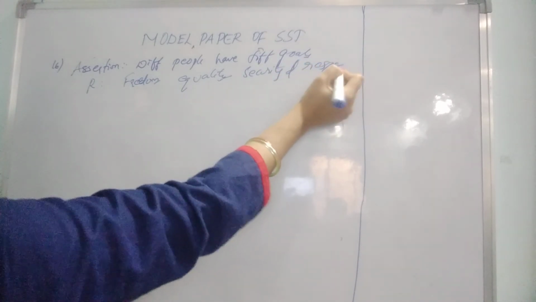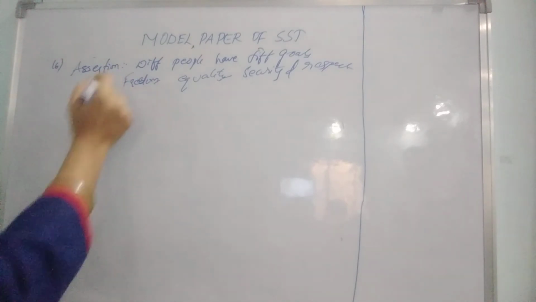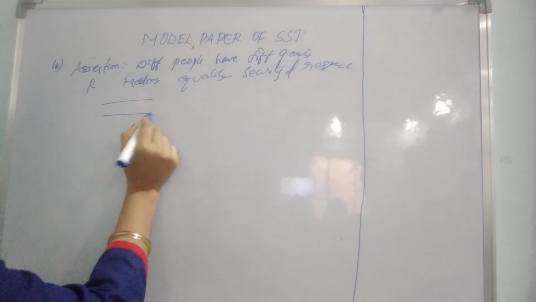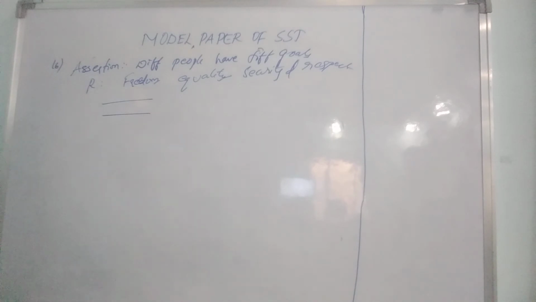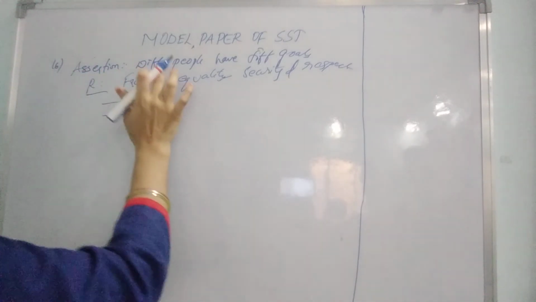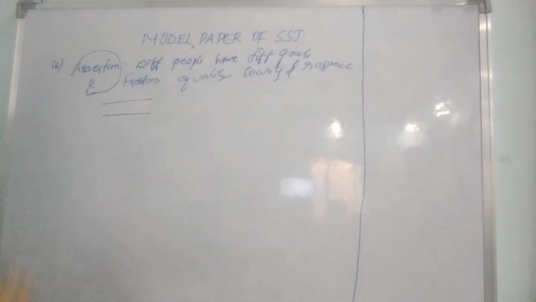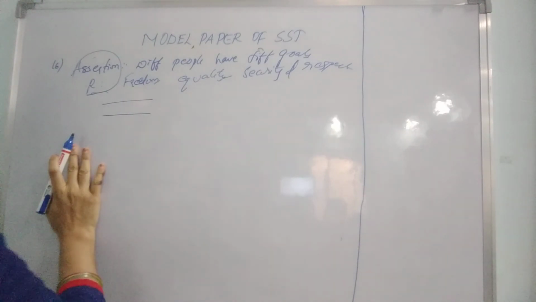This is our reason. From the given options: only assertion is right; both assertion and reason are true and the reason is the correct explanation of the assertion; and both are wrong. Okay, these are the options. Tell me which one is the correct option.